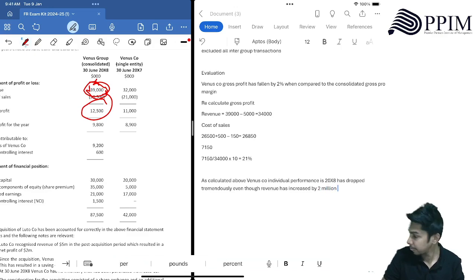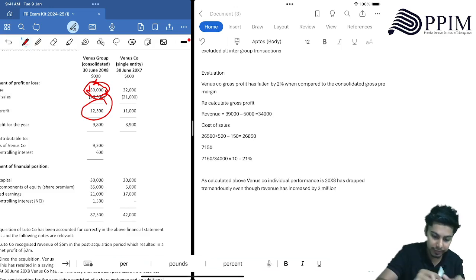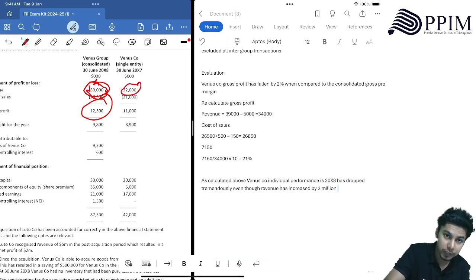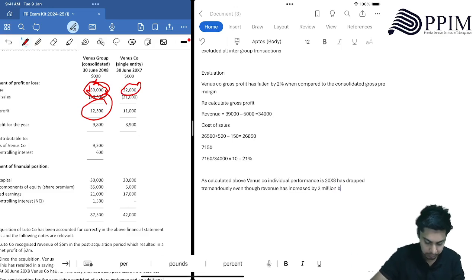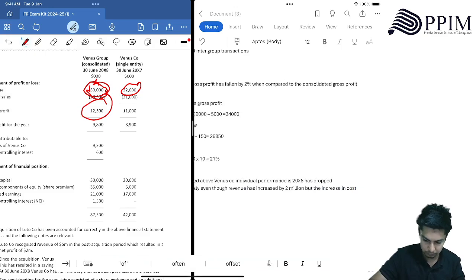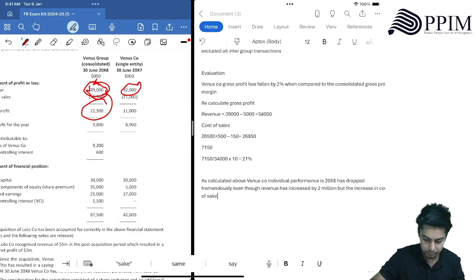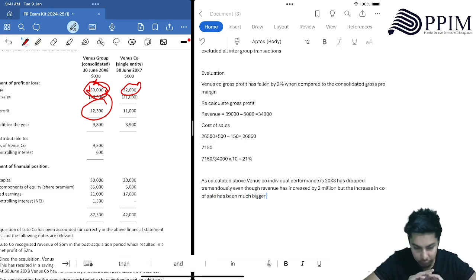Okay, guys, you understand now why I'm telling revenue has gone up by 2 million. Earlier, revenue was 32. Now revenue is 34. So revenue has actually gone up by 2 million, but the increase in cost of sale has been much bigger.